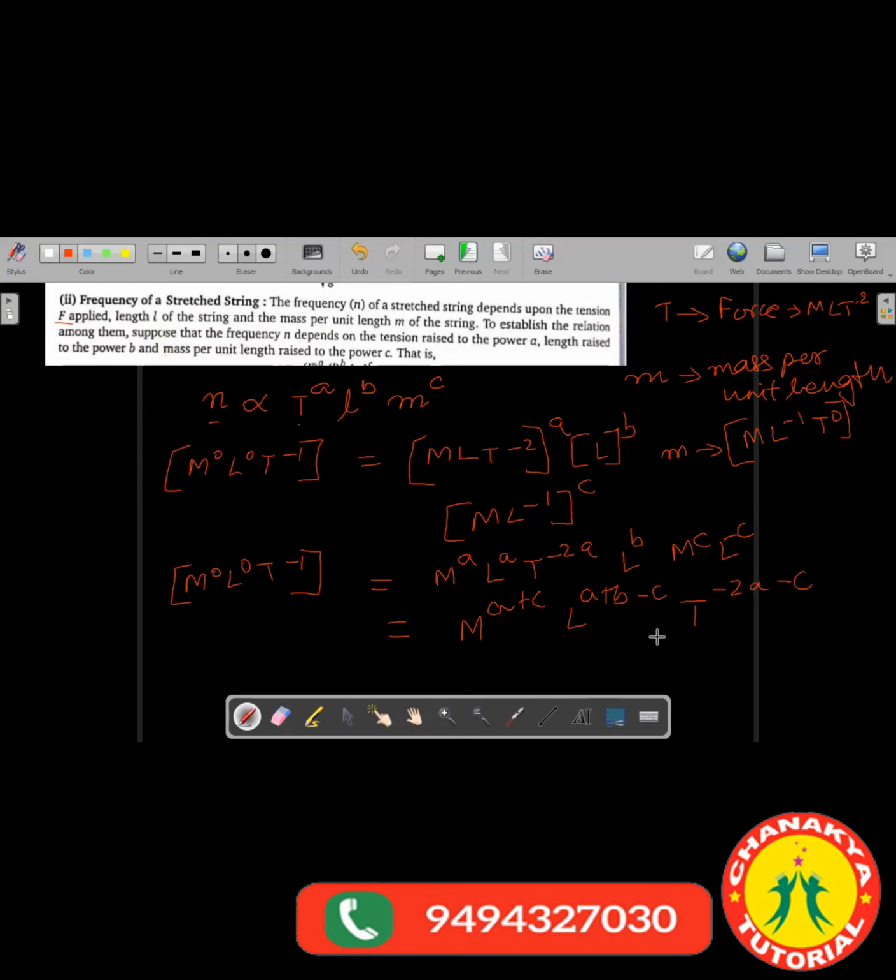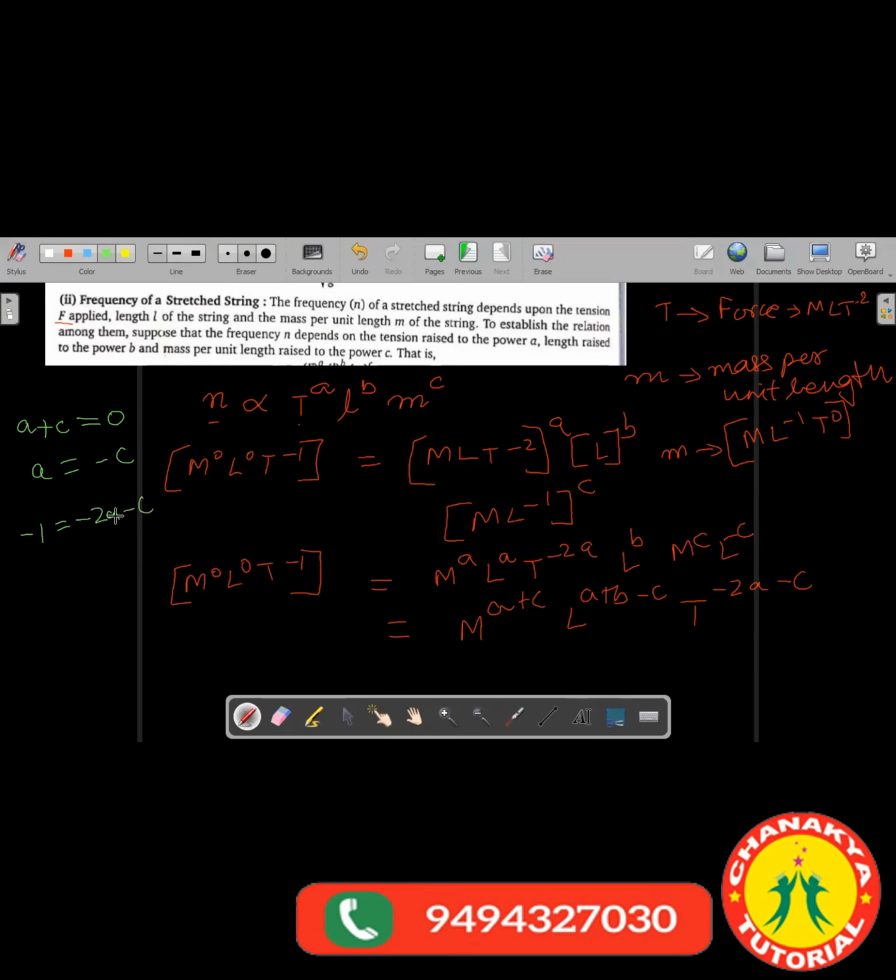Now just compare. From the first comparison, we get A plus C equals 0. Then we get A equals minus C. The other one we have here, minus 1 equals minus 2A minus C. That is the powers of T we are comparing.